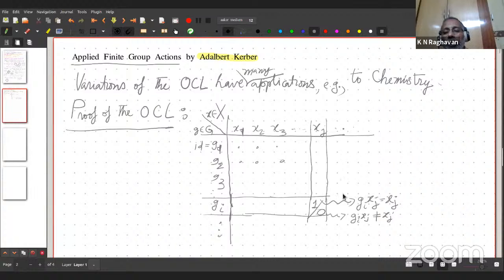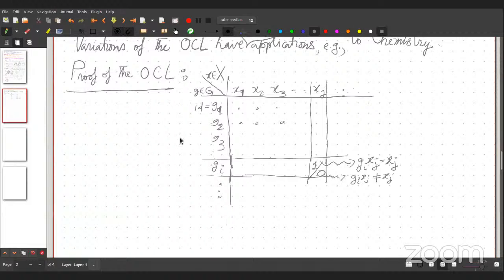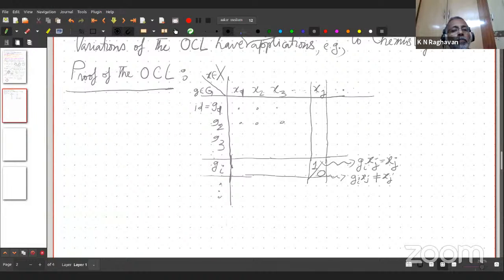Is the matrix clear to everybody? Let me pause and ask. It's clear, sir. Clear, very good. So the idea now is I just want to sum the elements of the matrix. So how does it look? It's a matrix with some 0, 0, 0, 1, 0, 0, 1, somewhere 0.